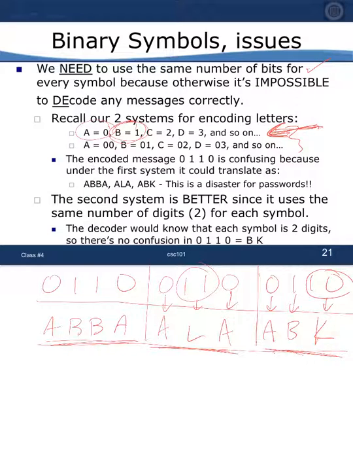I wouldn't want to type in my password and have the computer encode it as ALA because it thought 0110 was ALA. So when I go to log in and type in ABBA, it's going to say, that's not your password. And you'll be like, wait a minute. But it is, right? Well, there's translation issues here. And we don't want uncertainty in decoding these symbols.